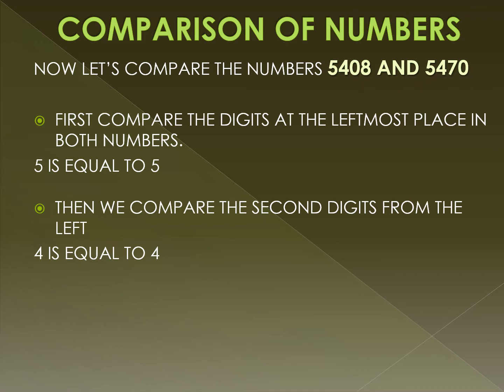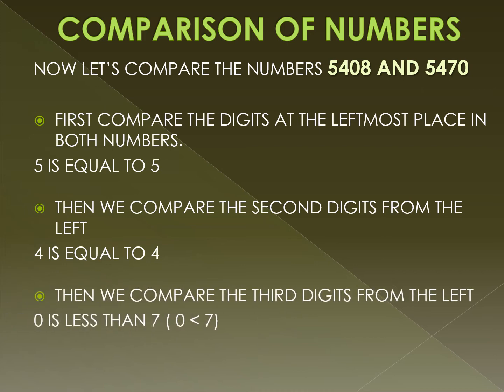So what do we do? We move on to the next step. We compare the next leftmost digit. Here, our next leftmost digit is 0, and here our number is 7. So we compare 0 and 7. Clearly, 0 is less than 7.